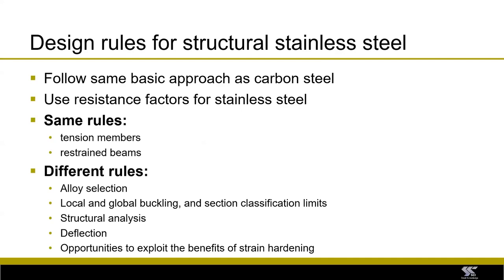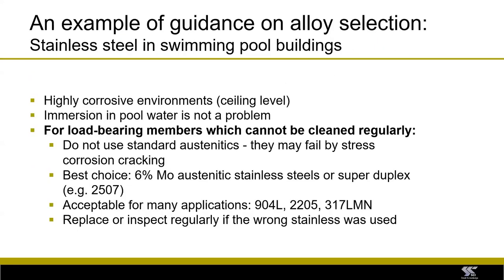Firstly, alloy selection. So the American standard, Eurocode, AISC, don't know about the Chinese standard, can't read Chinese. They all give very helpful guidance on alloy selection, which is really important. And I've just put on this slide an example of swimming pool guidance. I think someone maybe asked it last week.